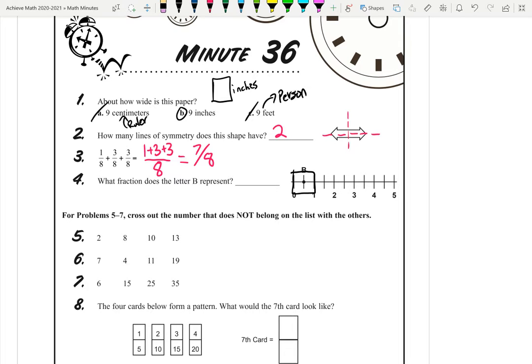For one fraction, we're going to zoom in on the area between 0 and 1. It is cut into 2 equal pieces, and the point is between 0 and 1. This implies that the region before it is going to be counted. 1 out of the 2 spots, 1/2 of a whole.